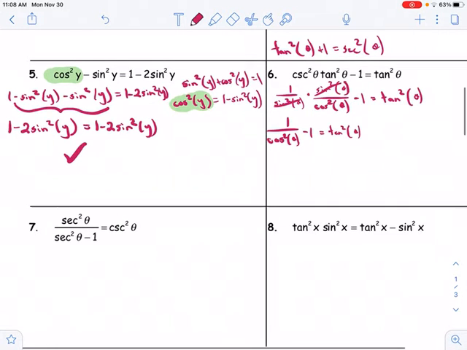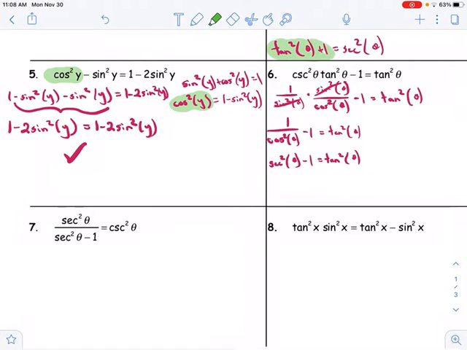1 over cosine squared theta minus 1 is the same thing as secant squared theta minus 1. If I'm looking on my little cheat sheet at this point, I should see this as a Pythagorean identity, which again isn't in the exact form that I want right now. I would prefer to figure out what secant squared theta minus 1 is. But if I visually look at that and manipulate the expression by subtracting 1 from both sides, I do get that secant squared theta minus 1 is equal to tangent squared theta.